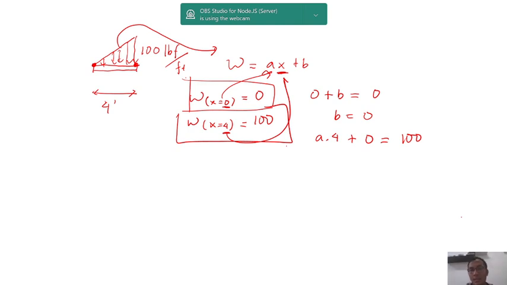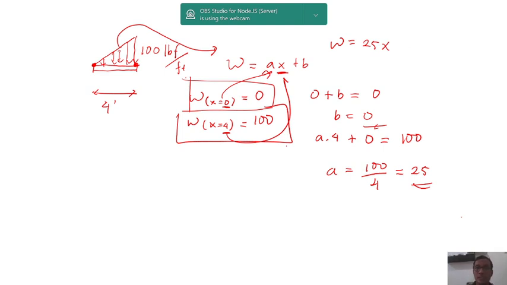That's why our a will be 100 divided by 4, in this case 25. So our equation now, a is equal to 25, b is equal to 0. So our final equation is w equal to 25x plus 0, which we don't have to write down.